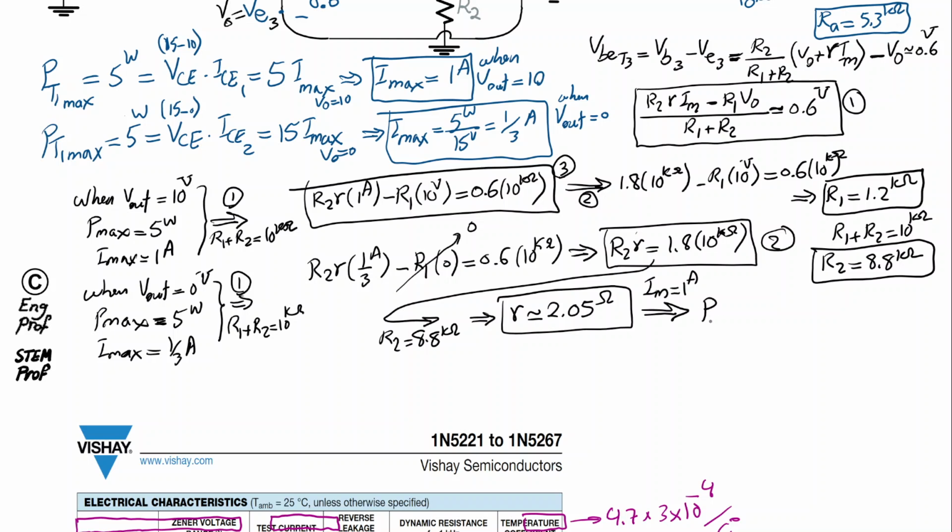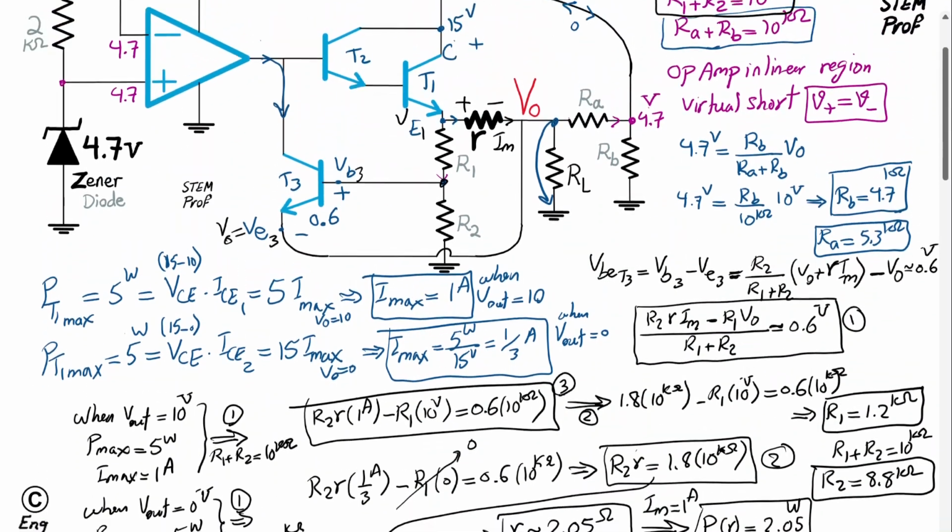Therefore the Pmax of R is 2.05 times 1 amp squared, which is 2.05 watt. Maybe we select the power spec for this resistor on the order of 2.5 watt to be safe, and the resistor we need to select is roughly 2 ohm.